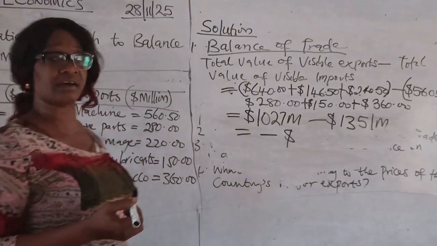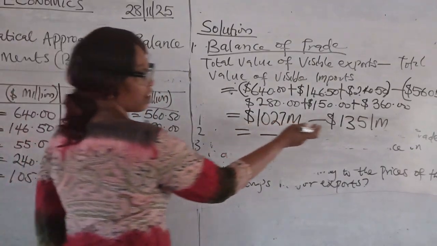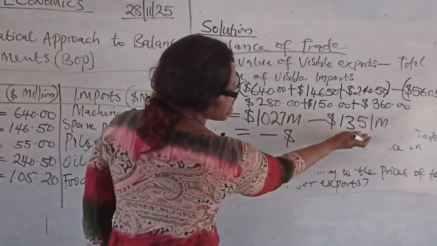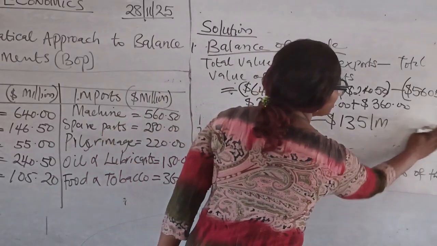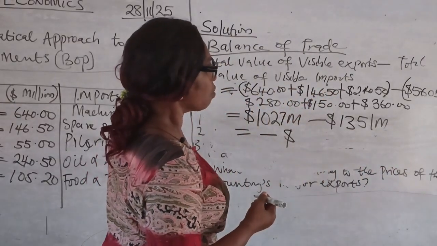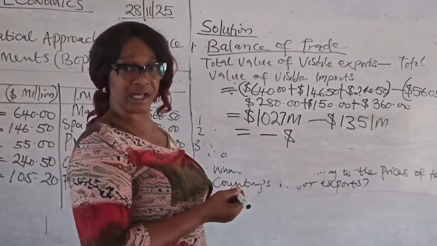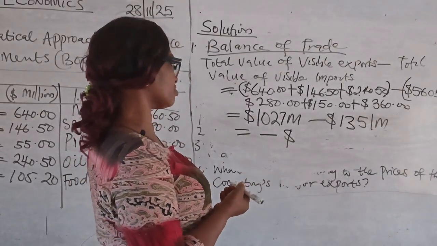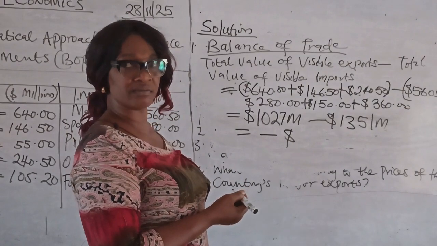Sorry for that mistake. This is our visible import. Our visible import is $1351 million.